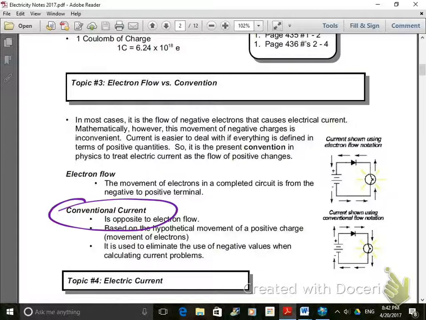So to avoid negatives and positives and so on, we continue to use conventional current, and that's really, to be honest with you, the only reason why we do that, and it's just kind of a standard practice now. So when you read through the textbook, all the diagrams and the problems will be based on conventional current. And that's really all there is for topic number 3.